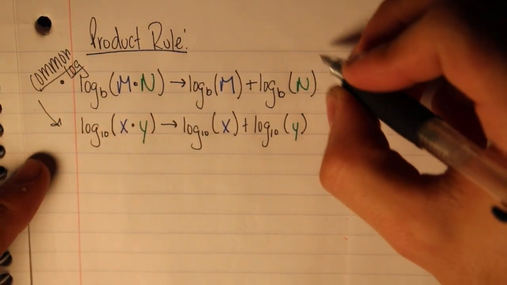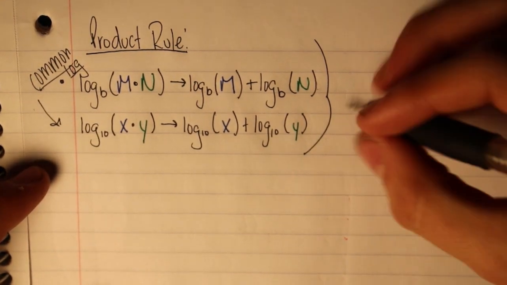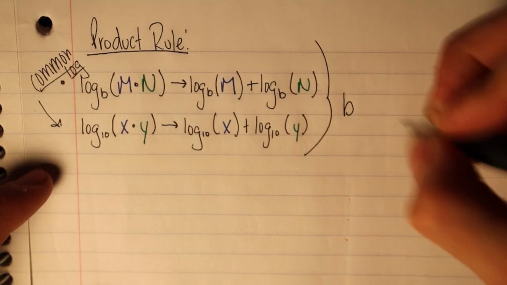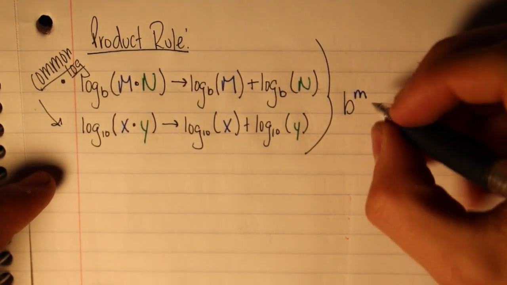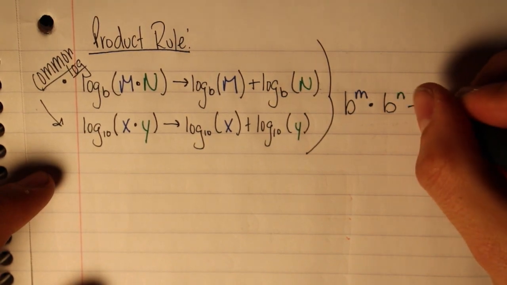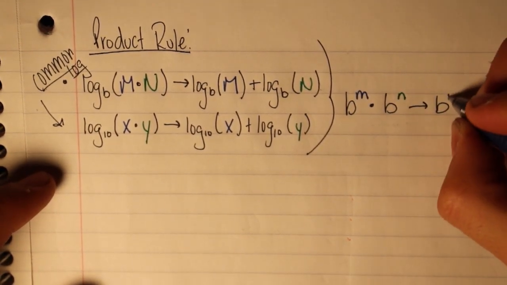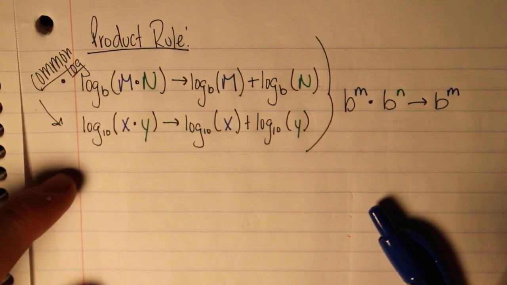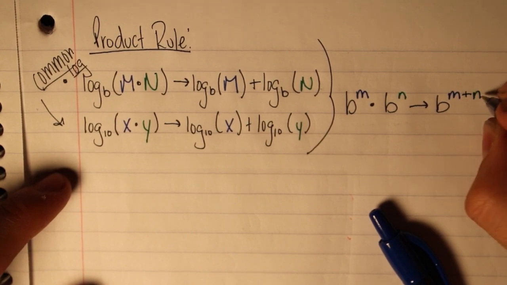This product rule is really similar to one of our exponent rules, right? If we had b to the m power times b to the n power, we can combine that by saying b to the m plus n, right?